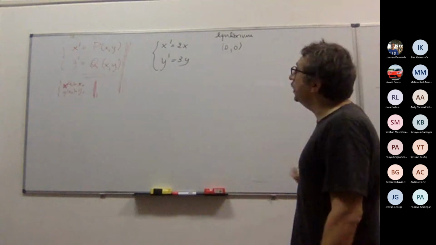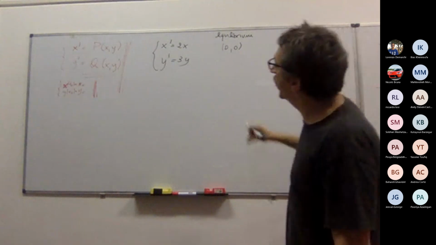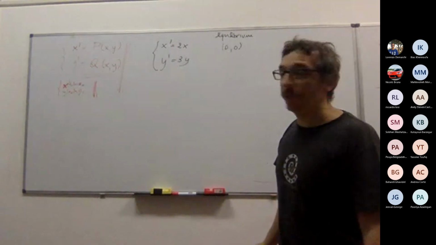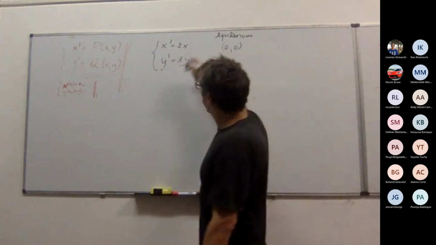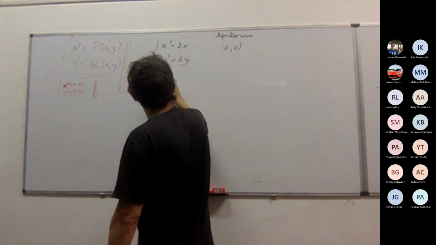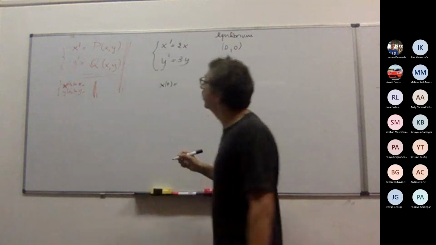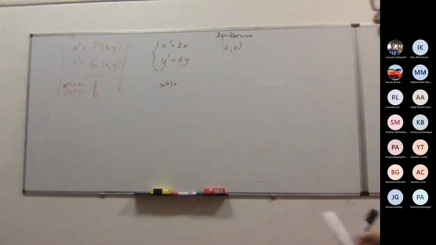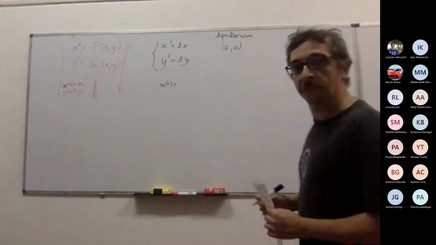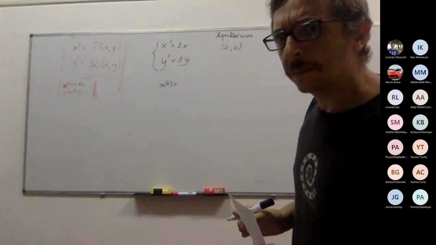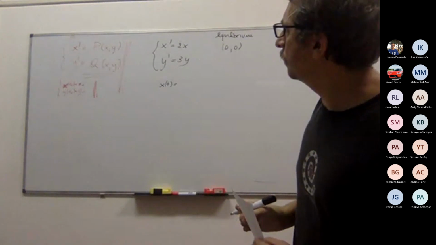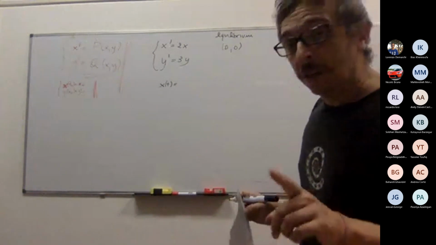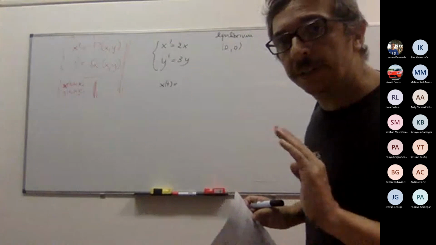Now, since the two equations are not coupled, what we can think to do is to solve directly the equations. So what is the solution x of t of the first differential equation? It should be C1 cosine plus C2 sine.